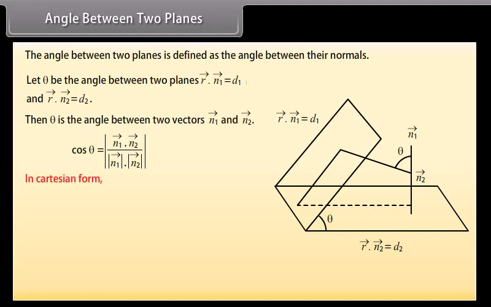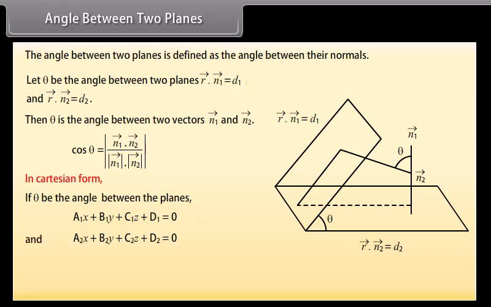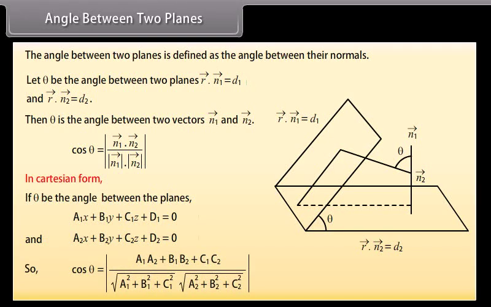In Cartesian form, if theta is the angle between two planes a1x plus b1y plus c1z plus d1 equals 0 and a2x plus b2y plus c2z plus d2 equals 0, then cos theta equals modulus of a1 a2 plus b1 b2 plus c1 c2 divided by square root of a1 square plus b1 square plus c1 square into square root of a2 square plus b2 square plus c2 square.